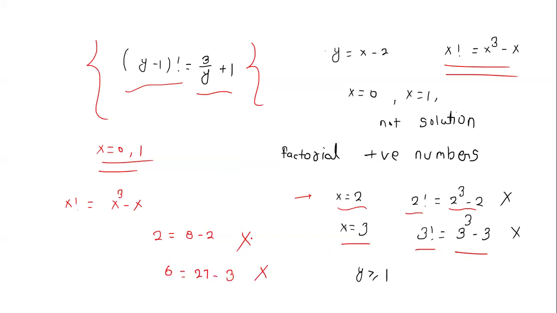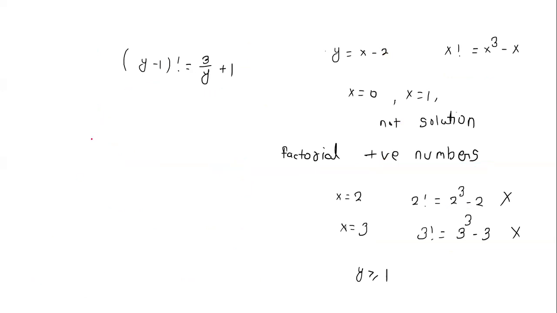We know in the factorial, we only do the factorial of positive numbers. So in our case, x is equal to 0, 1, 2, 3 are not a solution till now, and we initially assumed y is equal to x minus 2.